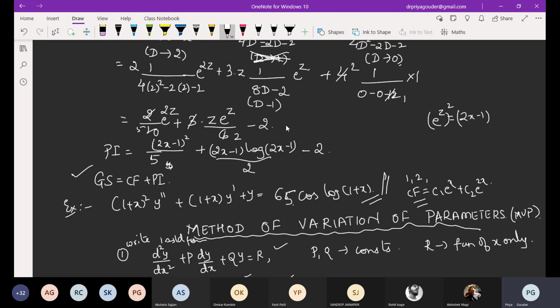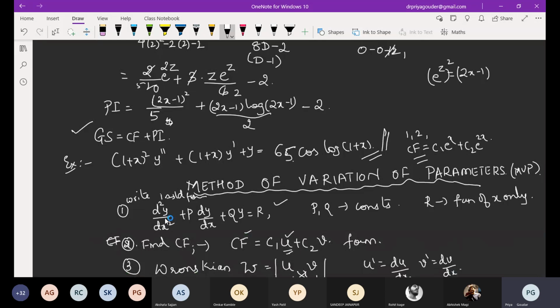Now, in this method, we are going to solve a second order differential equation of the form d square y by dx square plus p dy by dx plus qy is equal to r. Getting it?